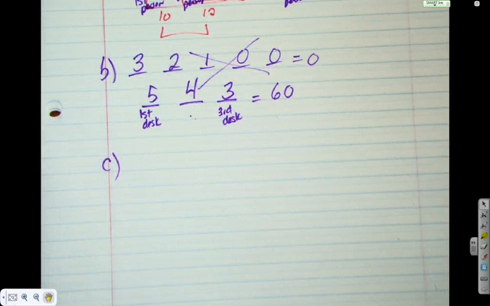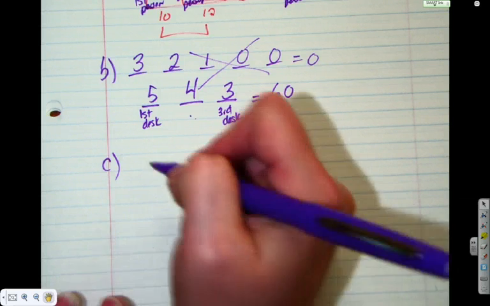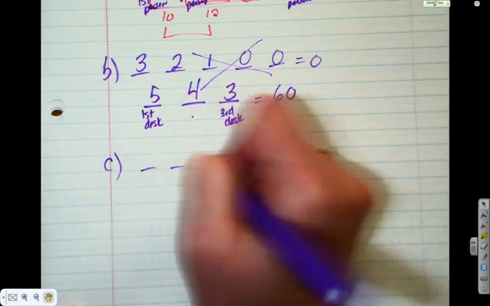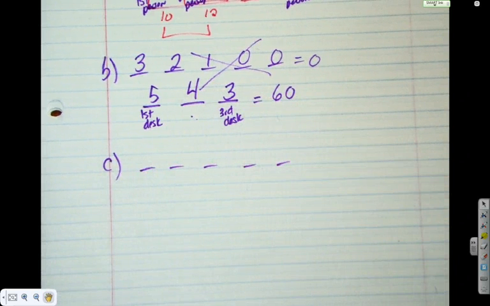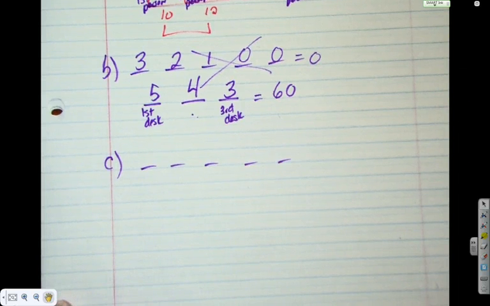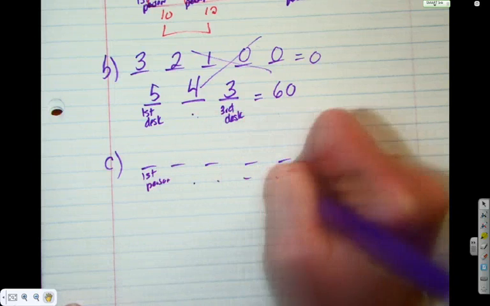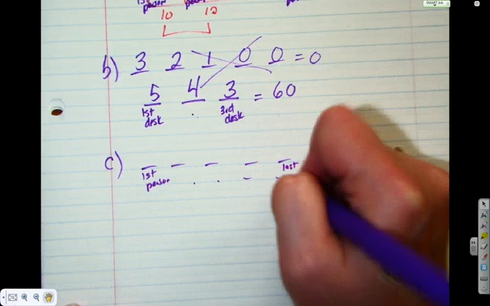6 seats. 5 people, 6 seats. How many blanks? 5 people, 6 seats, which was the lower number. Okay, lower number is people, so this has to be the first person, all the way down to the last person.